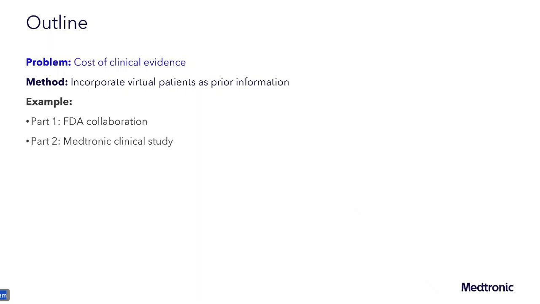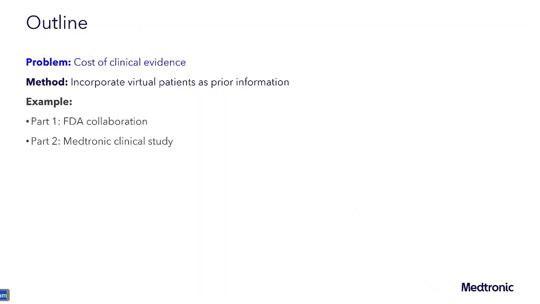What we're going to cover today, we'll outline as: we're going to talk about some of the challenges with building clinical evidence. I will cover some of the methodologies. Basically, what we're calling virtual patients, and we'll talk a little bit about how we build virtual patients in general, and then how we leverage those as priors in a Bayesian clinical trial.